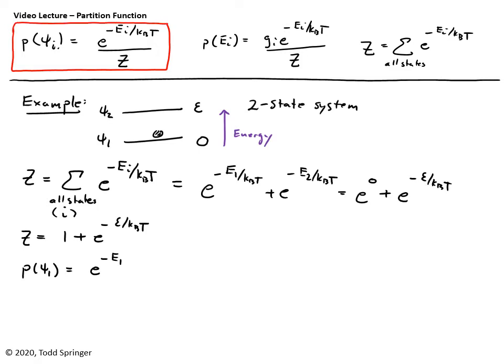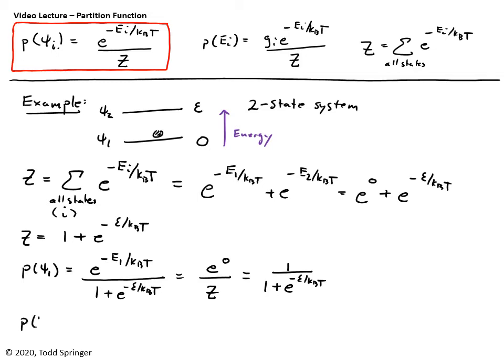So that's e to the minus E1 over kBT divided by Z, which is 1 plus e to the minus epsilon over kBT. But E1 is 0, so that's e to the 0, so that's going to be 1 over 1 plus e to the minus epsilon over kBT. That's the probability that it's in state psi 1.